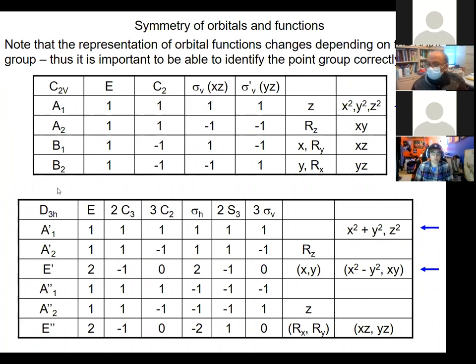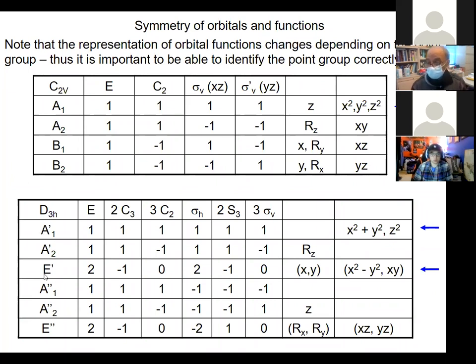Now, if you look at these two, there are certain things that we have to be careful about. When I say x squared, y squared, and z squared belong to the A1 representation, that is true only if the point group is C2V. On the other hand, if you come to D3H, x squared, y squared, and z squared, as well as x squared minus y squared and dxy orbitals, now belong to different representations, A1 prime and E prime.